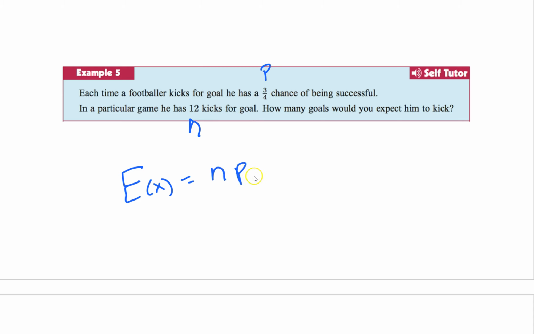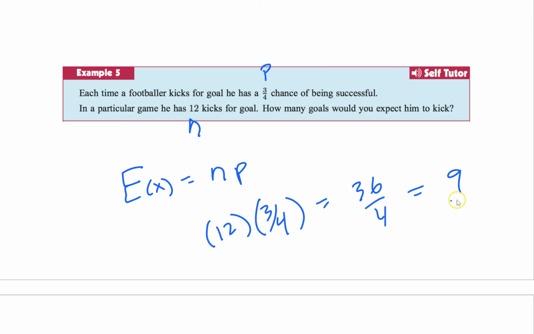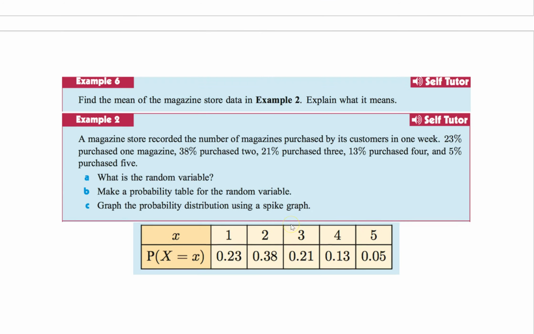So it's n times p. Just the number of times he's going to kick it times the probability he makes it every single time. You get 36 over 4, or 9. You expect him to make 9 goals if he has 12 shots on goal, based on the average. So that's a very basic expected value. Multiply the probability times the number of times it happens. There you go. Now let's do one with a table.